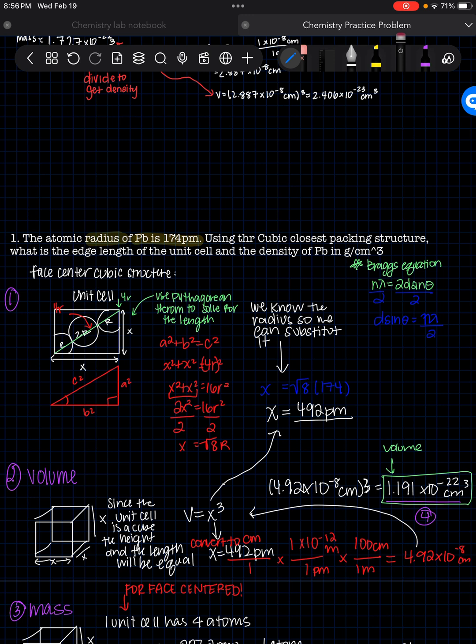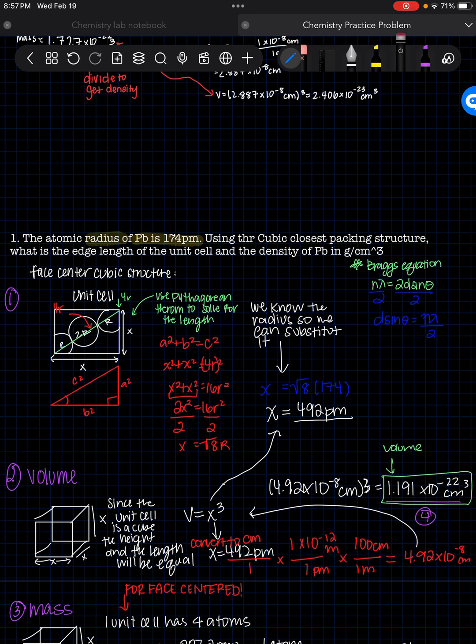I didn't really write it out here because I just did it in my brain, but I think you get it. When you divide both sides by 2, you get 8r squared on this side, and then x squared on this side. To undo an exponent, you take the square root, so you know that x is equal to the square root of 8 times r.